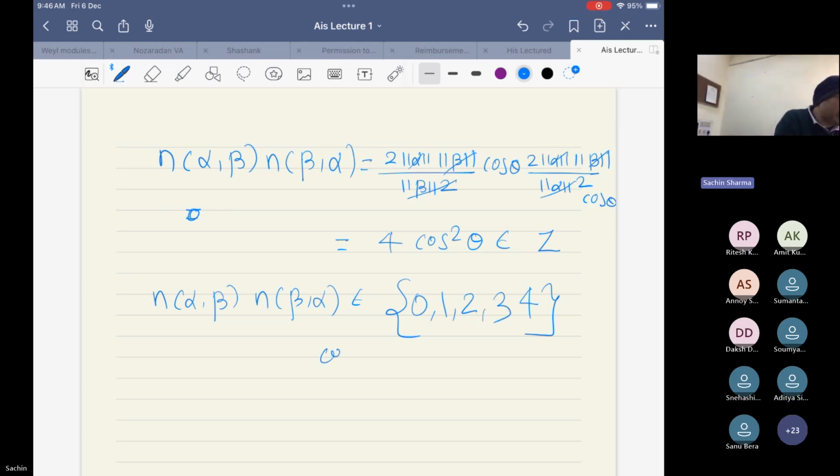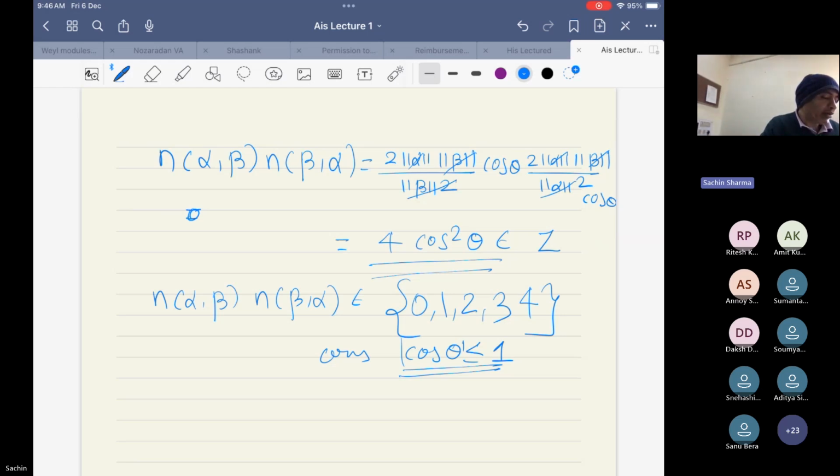Why? Because your cos theta is always less than 1. Its modulus is always less than 1, and that's what you will have, right? And note that because it's a cos squared theta, it will be a positive thing. Okay, so yeah, we are in very nice shape now.